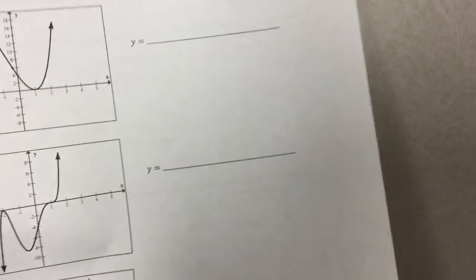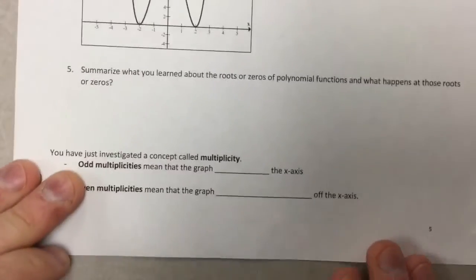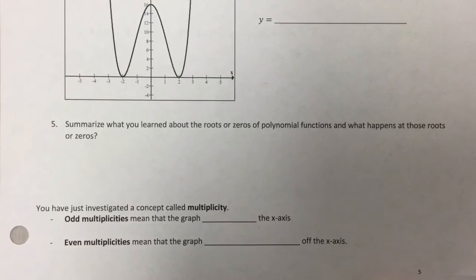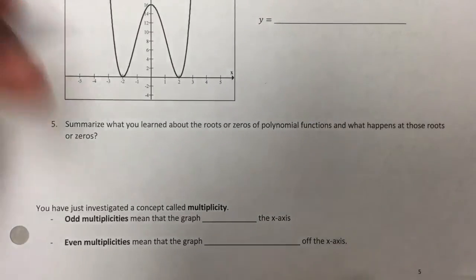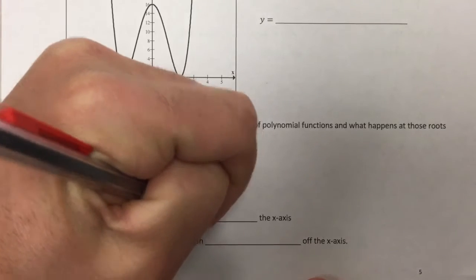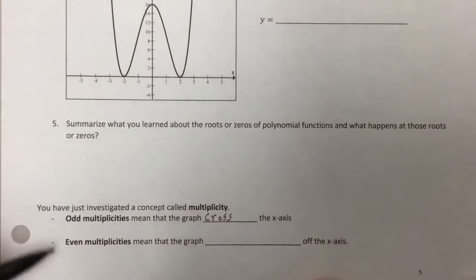All right, so it might help if we go to the bottom of page 5 now. It says you've just investigated a concept called multiplicity. So those crossings or bouncings are called multiplicities. Anytime you have odd multiplicities, like the 1 and the 3, those always cross the x-axis.